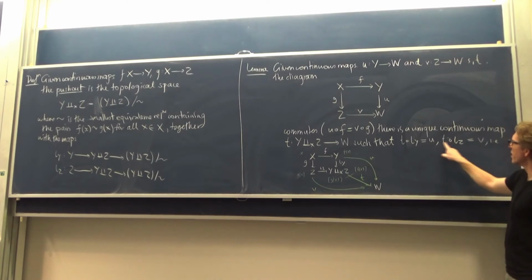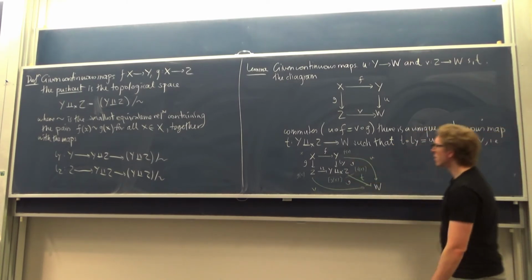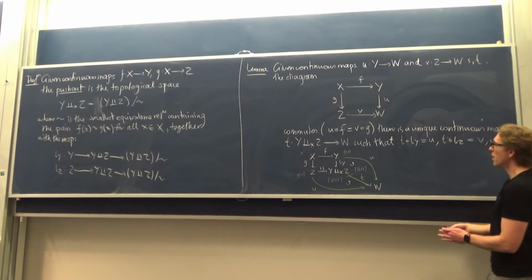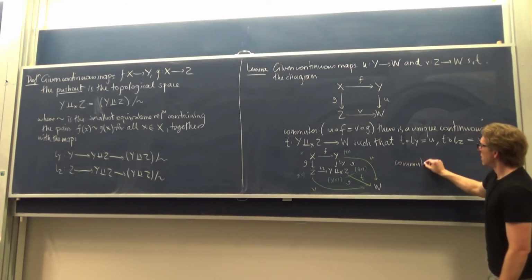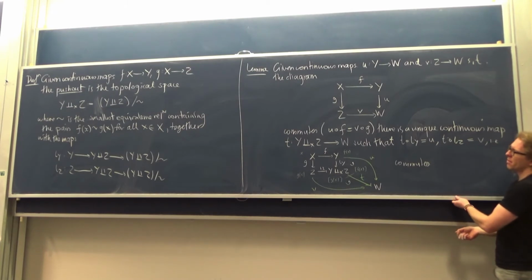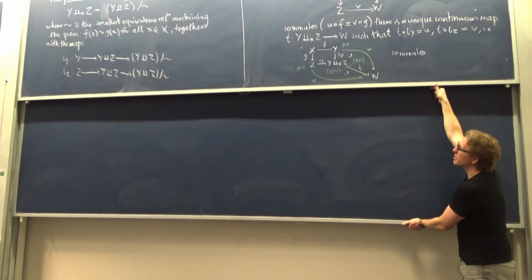Okay, so let me indicate these two equations by just drawing a little circle here to say that those two triangles commute, i.e., this diagram commutes. And T is unique. So this may seem like a bit of an abstract statement.